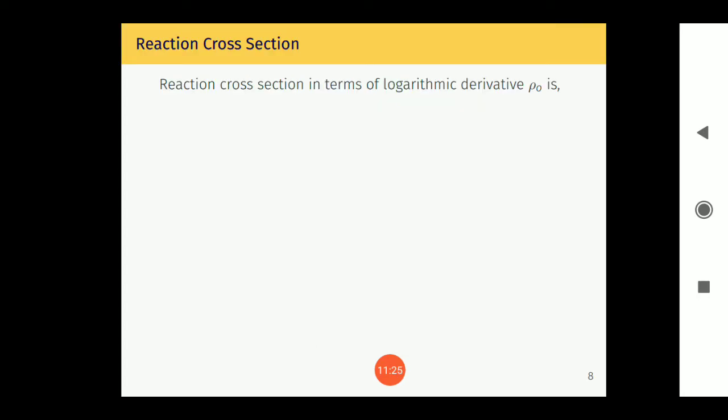Reaction cross section in terms of logarithmic derivative, we already revised it. That is given by this expression: sigma r equals pi by k square times minus 4 k r times the imaginary part of rho naught divided by the real part of rho naught squared plus the imaginary part of rho naught minus k r, whole squared.